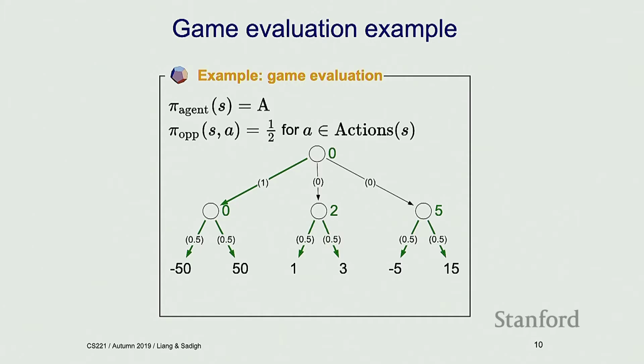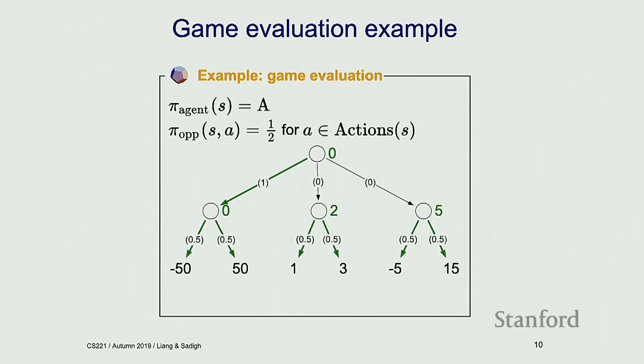If my opponent is picking -50 or 50, then the value of this node is just the expectation of that, which is 0. 50% of the time it's -50, 50% of the time it's 50, so the value of this node is 0. And if my agent is picking A, then the value of this node is 0. You can see how the value propagates up from the utility.